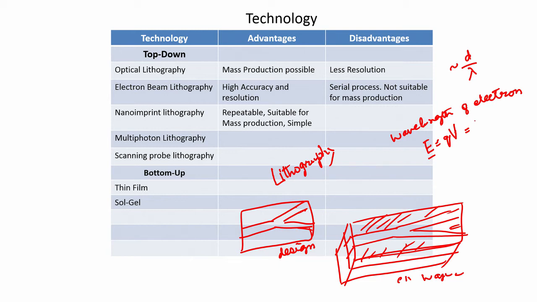So, if the speed is v, mv is the momentum and half mv square is the kinetic energy, and we can determine the wavelength of the electron beam. Once again the feature size that can be obtained is of the order of the wavelength, and the wavelength of the electron is much smaller, of the order of nanometers, whereas for optical it is of the order of micrometers.